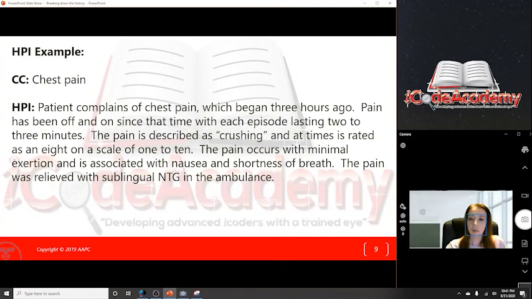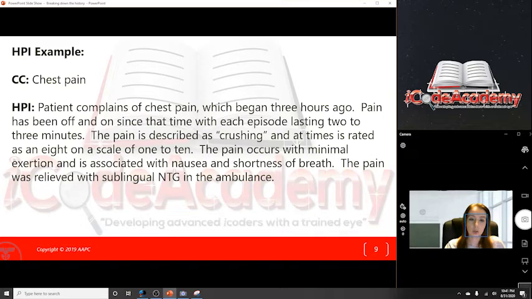All right, let's look at another one here together. Let's go back to that patient with the chest pain. Patient complains of chest pain, which began 3 hours ago. Pain has been on and off since that time, with each episode lasting 2 to 3 minutes. The pain is described as crushing, and at times is rated as an 8 on a scale of 1 to 10.